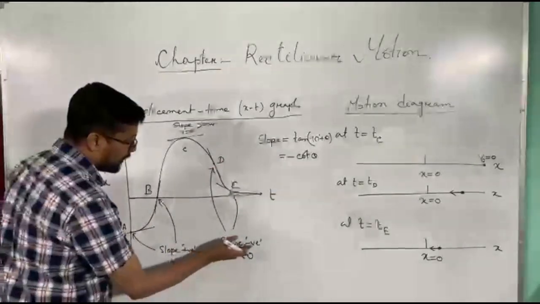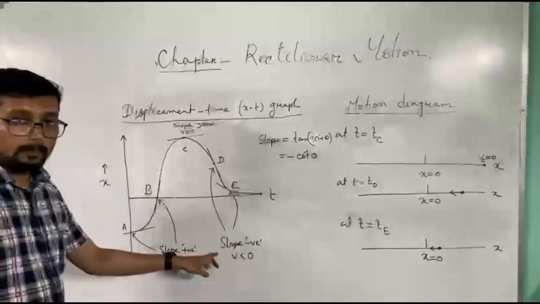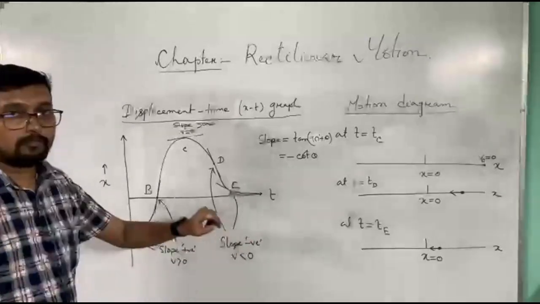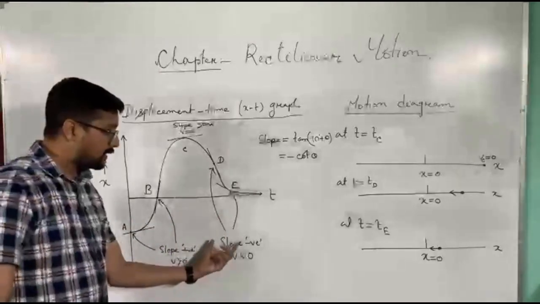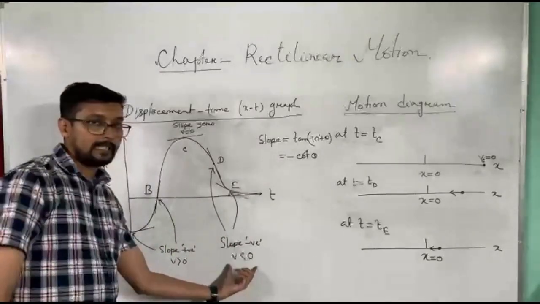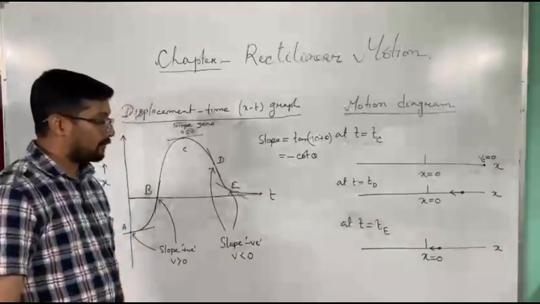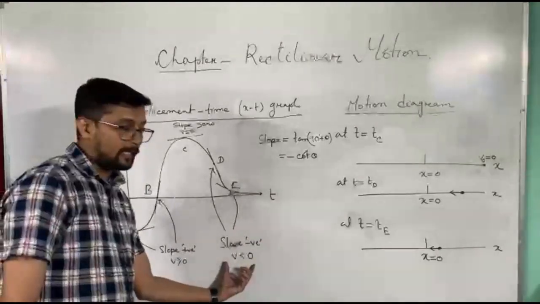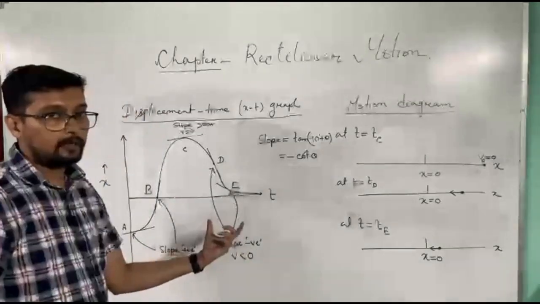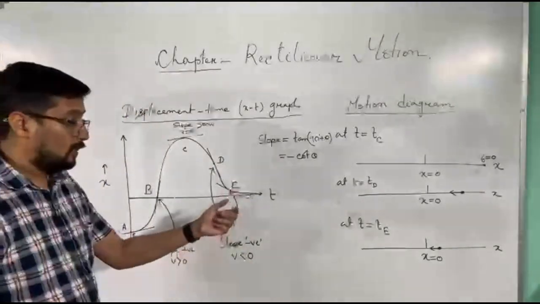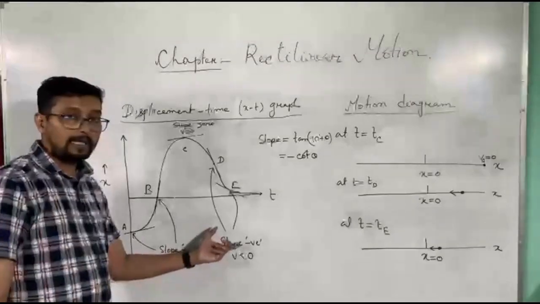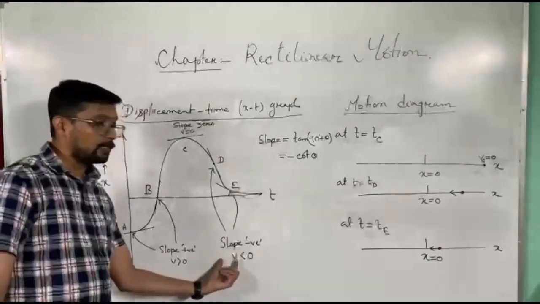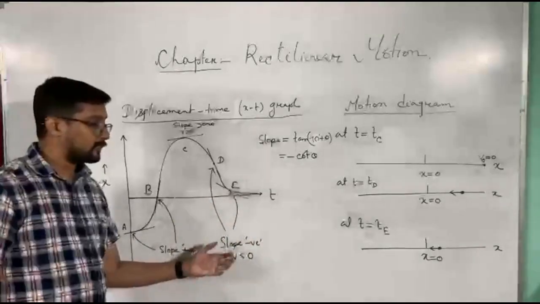Now since slope is negative, from the physical significance of the xt graph, slope means the velocity of the object, and since slope is negative, that means velocity is less than 0, this velocity is negative. Now what does it mean in the motion diagram when velocity is negative? Velocity is a vector quantity, it has magnitude as well as direction. Direction actually is the cause which decides whether velocity will be positive or negative.